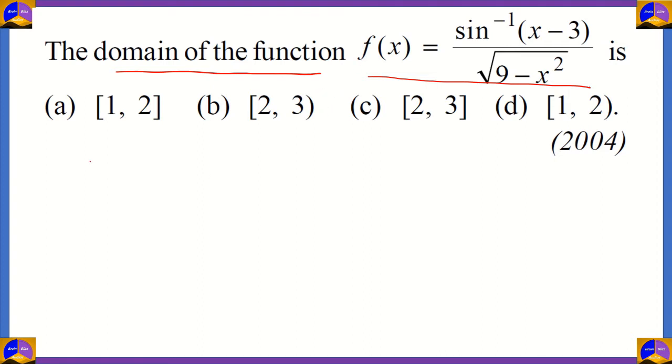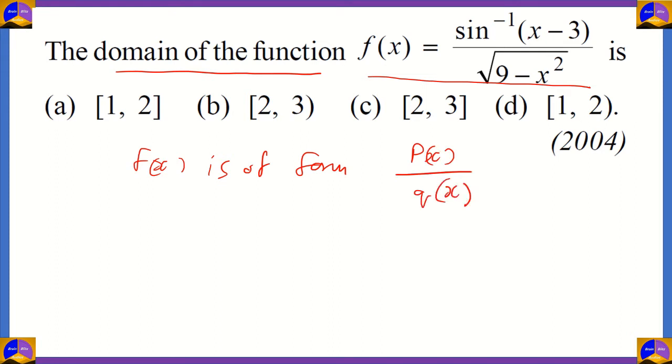So if you look at the function, f of x has the numerator sine inverse of x minus 3 and the denominator is under root of 9 minus x squared. So basically, f of x is of the form p of x divided by q of x. So you have one function of x divided by another function of x.